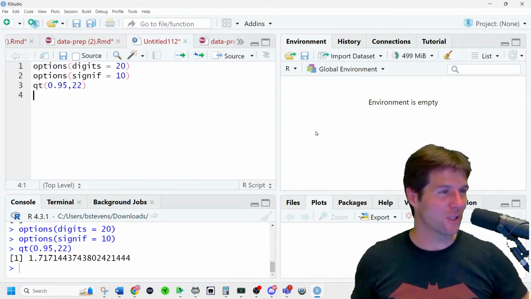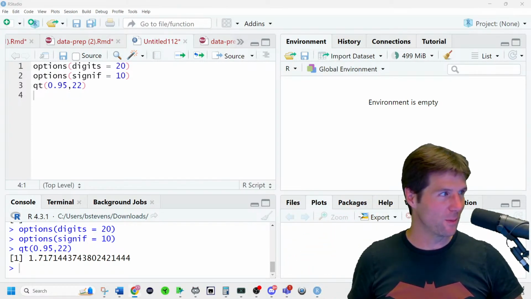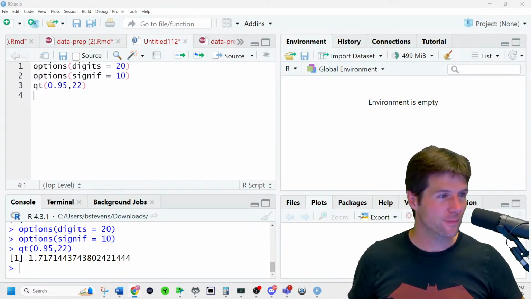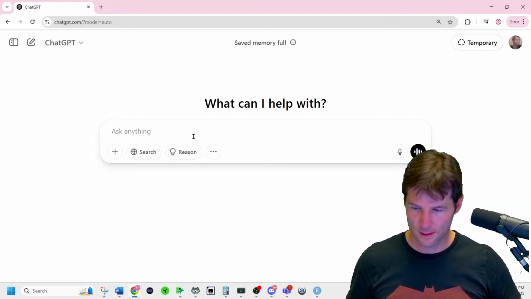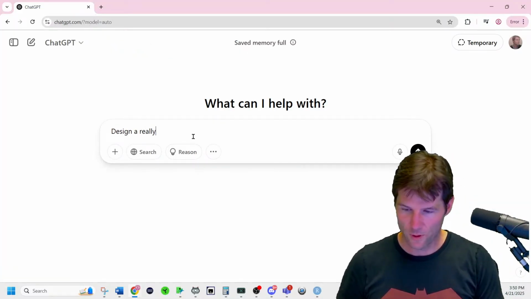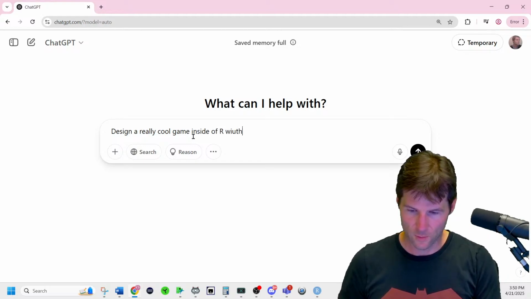Oh, man. I wonder what ChatGPT can do for us today. Maybe we'll end with some ChatGPT. Okay. Let's see right here. Design a really cool game inside of R with Shiny.